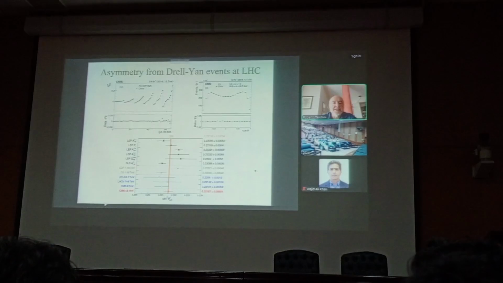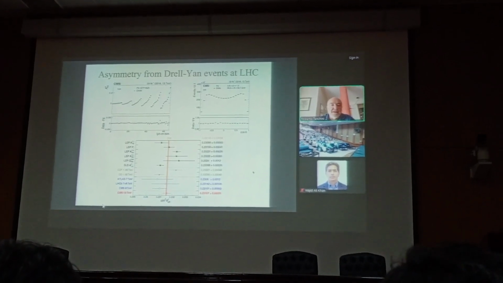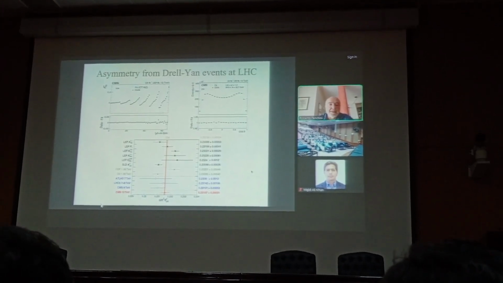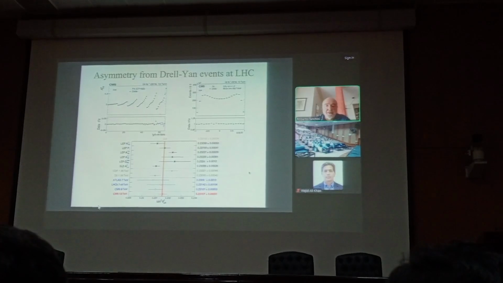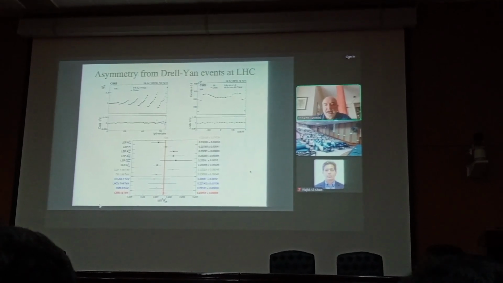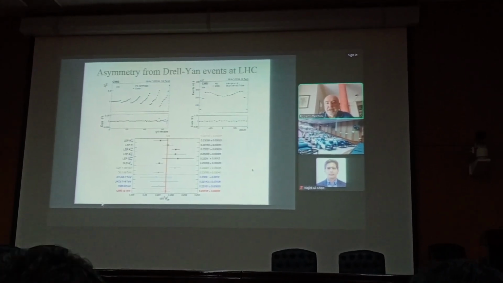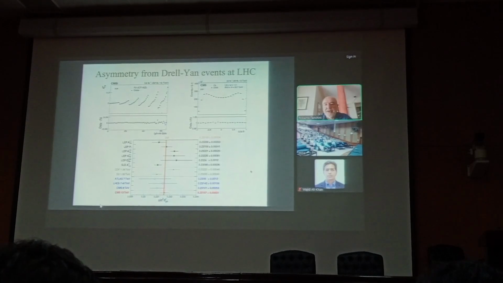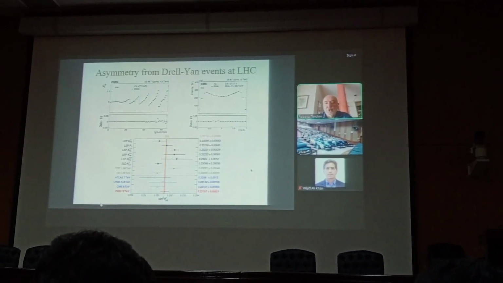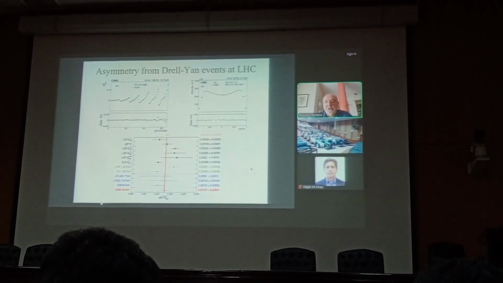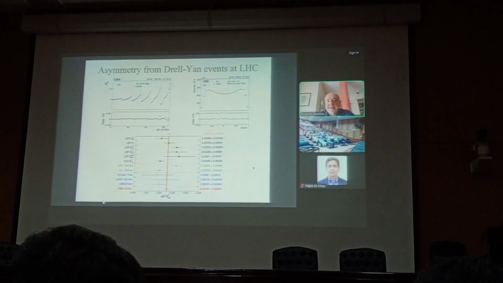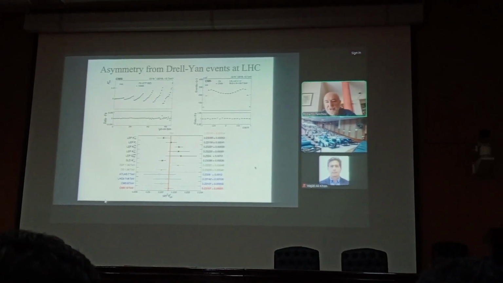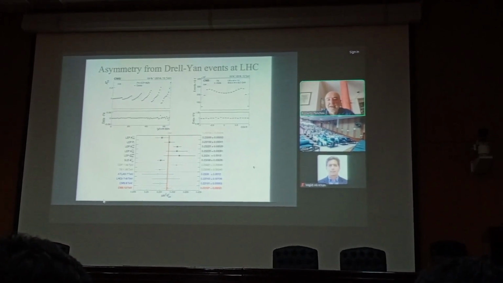Anyway, it is done. These are results from CMS, where you can see on the right, for a certain rapidity bin, for a mass bin close to the Z mass, there is a tiny asymmetry that by eye is difficult to see, but it is there.